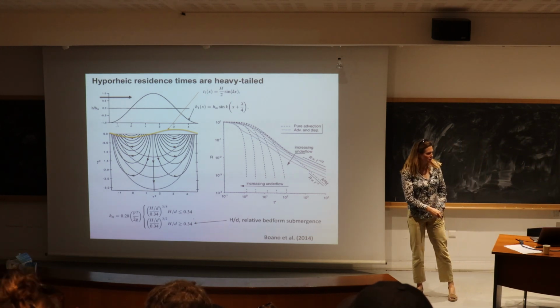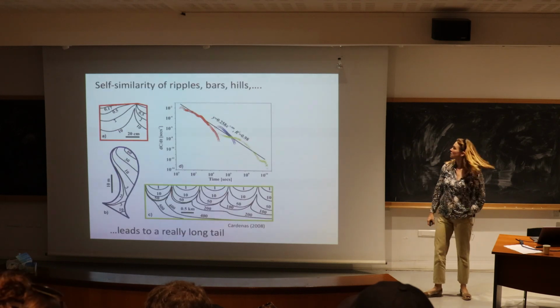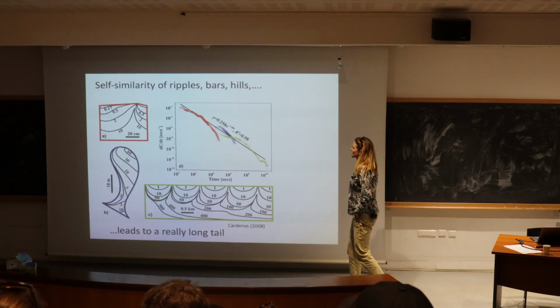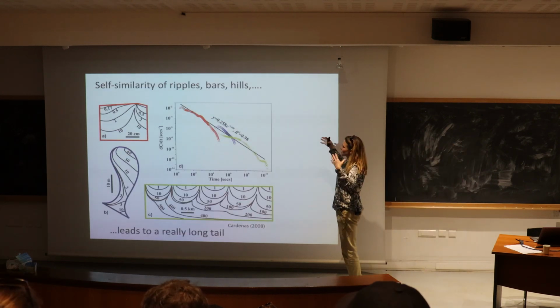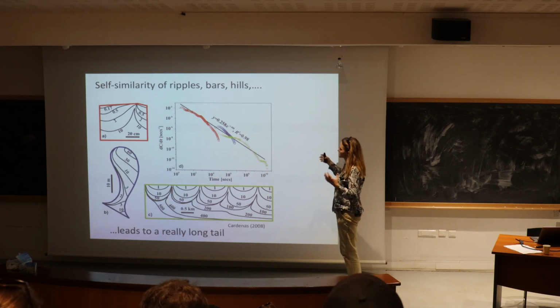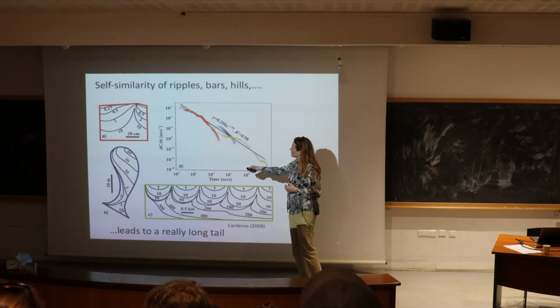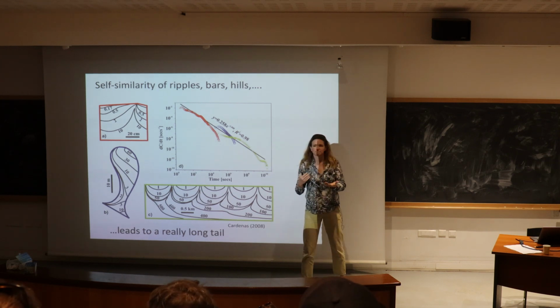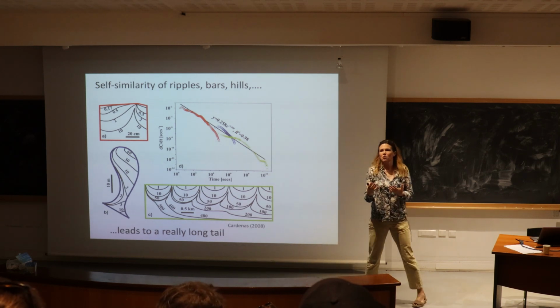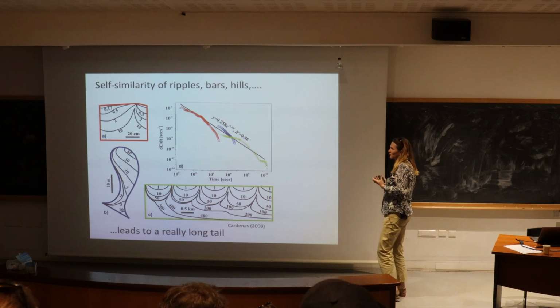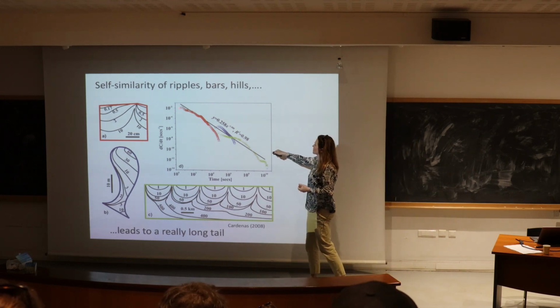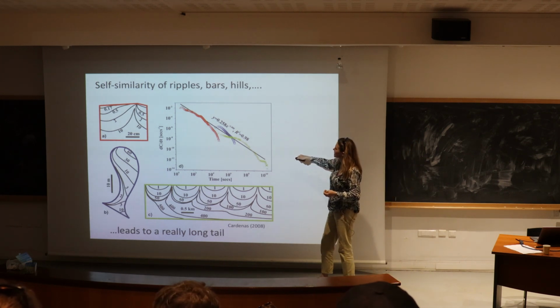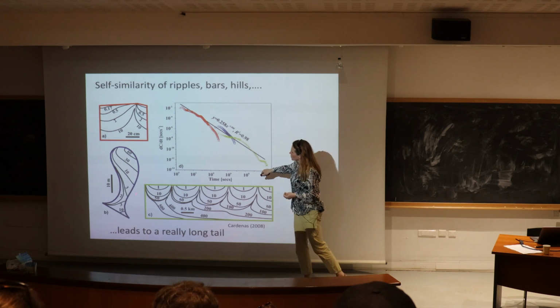And so this is all a very convenient way of thinking about streams, and it sits within the broader concept of the fact that bed forms are an immobile storage zone. They contribute to solutes sticking around in the stream bed for some amount of time with their own sort of residence time distribution. But then you have larger elements.